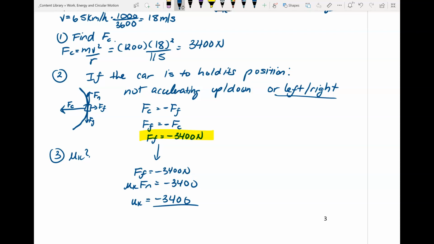And Fn is mg, which is mass times acceleration due to gravity. This is going to give us 0.29. And remember, mu k is a coefficient, so it shouldn't have any direction. It should always just be a positive number. So our final answer is 0.29.